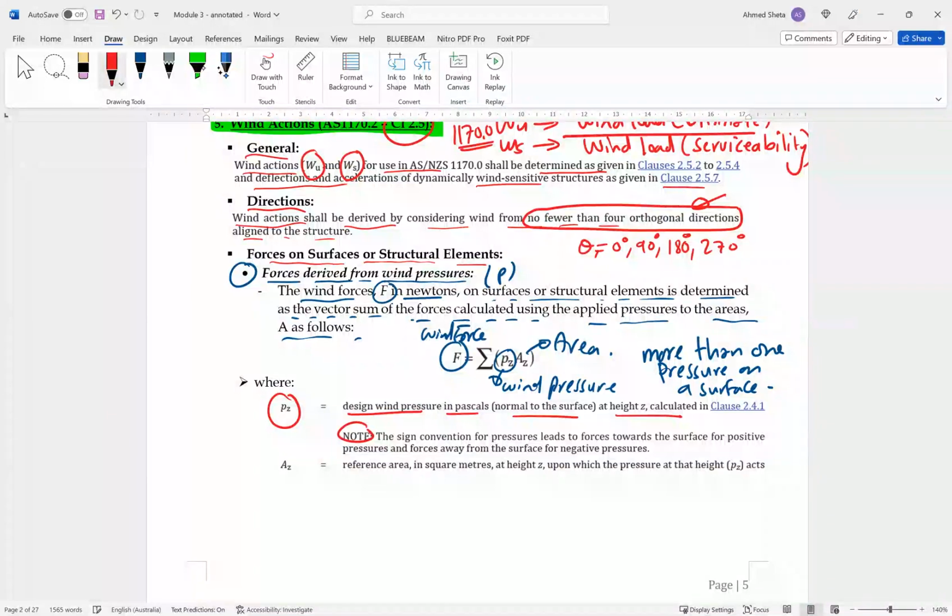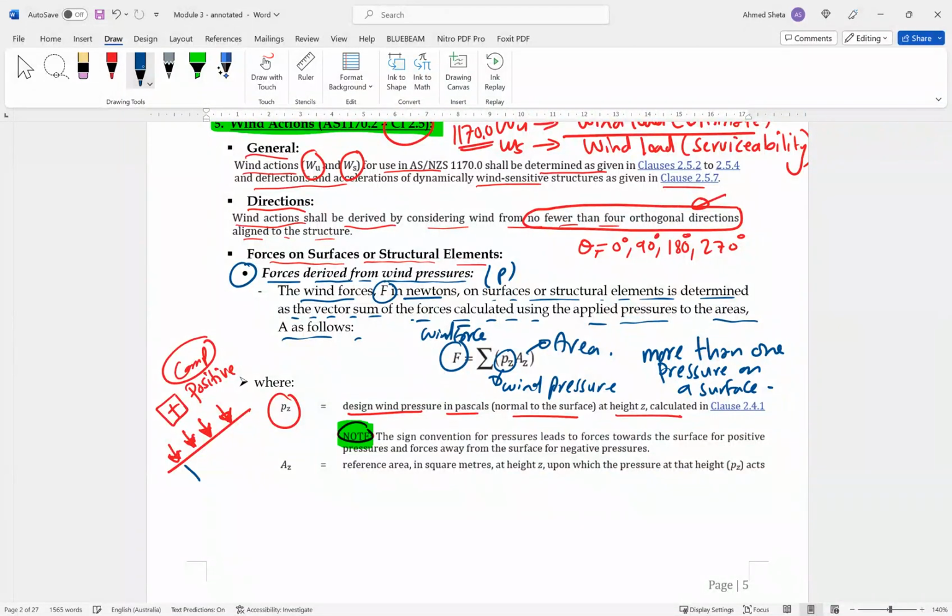Note that we have to consider the sign convention, because we have signs here. If the force is going down, inwards toward the surface, this is positive pressure, or compression.